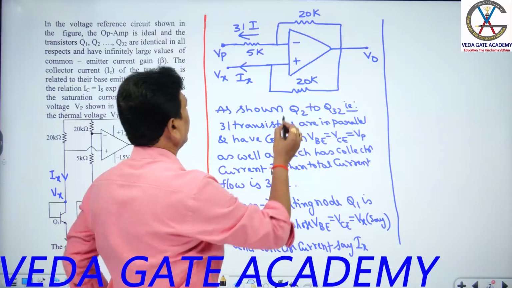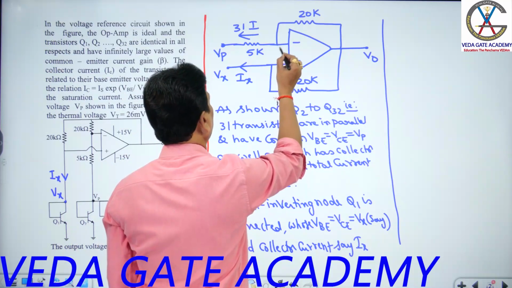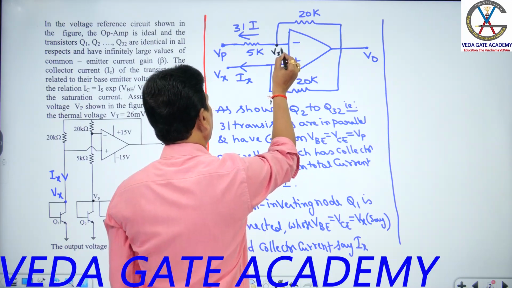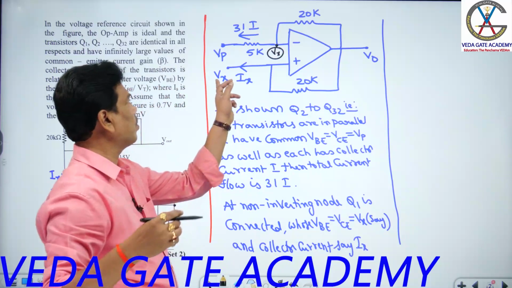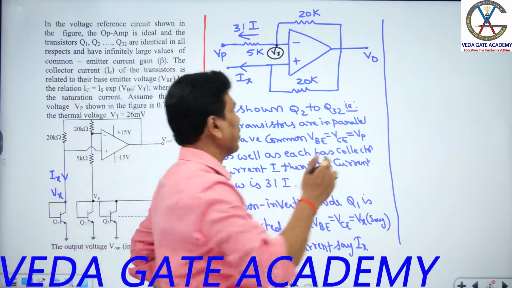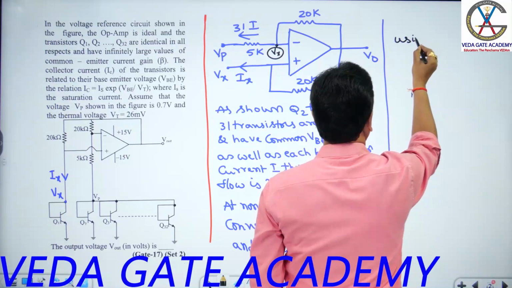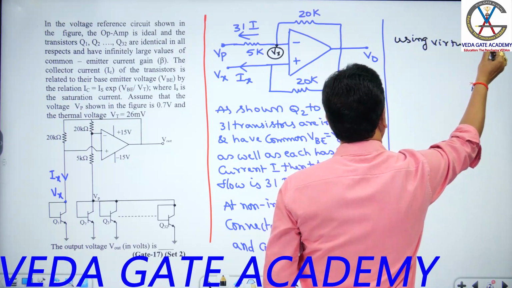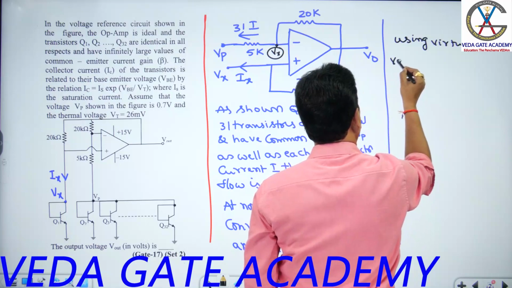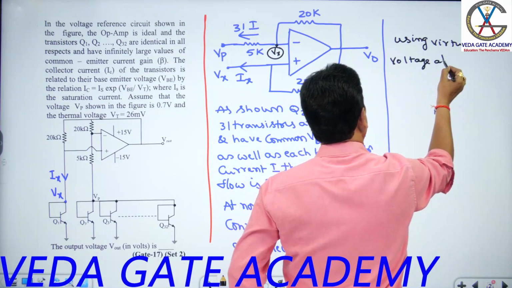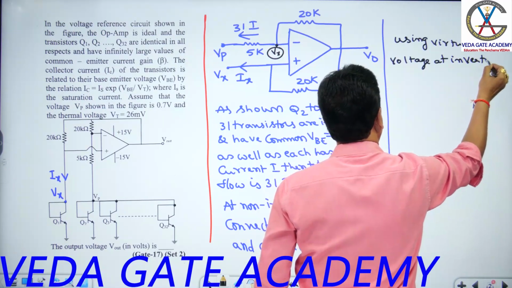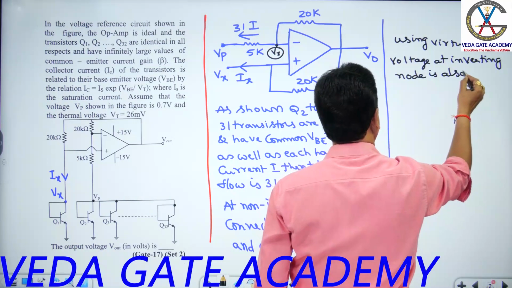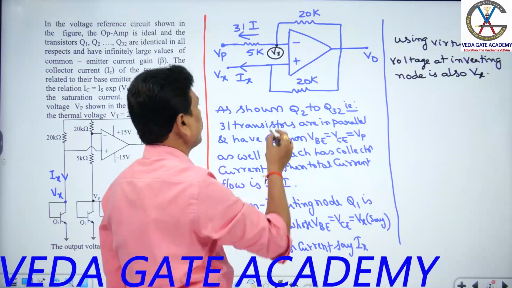Now I can apply KCL here, students. Using the virtual ground condition, if I assume the non-inverting node voltage is Vx, then using virtual ground, the voltage at the inverting node is also Vx.